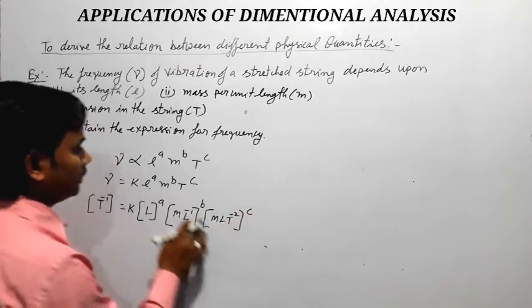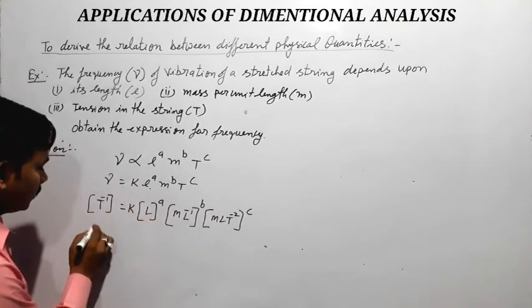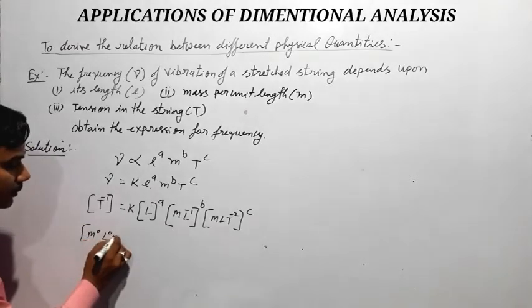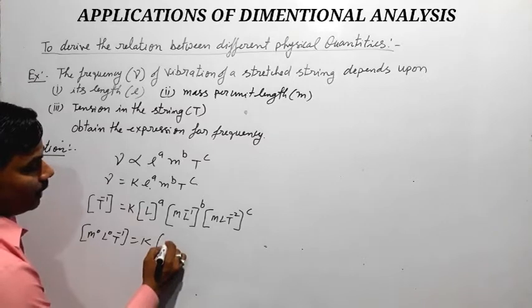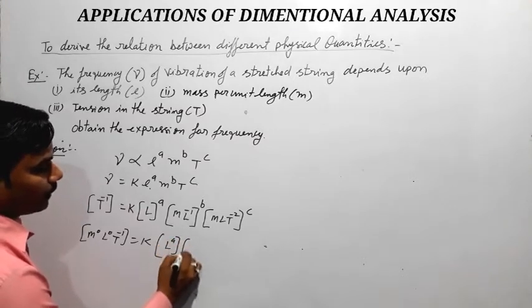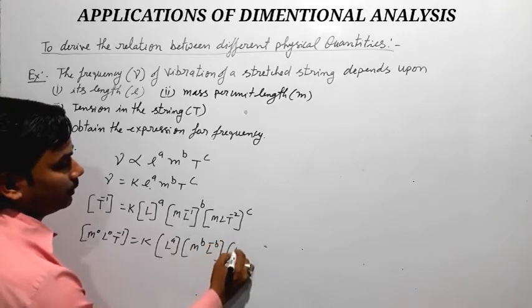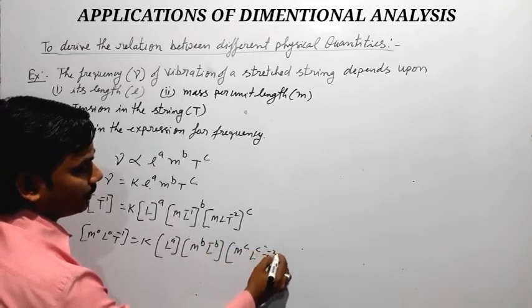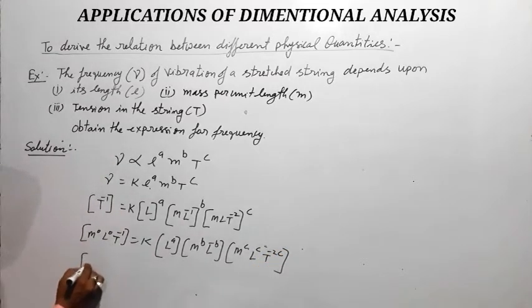Here T is a tension force, so we will write M0 L0 T minus 1 equals K, and L to the power a, M to the power b, L to the power minus b, and M to the power c, L to the power c, and T to the power minus 2c.